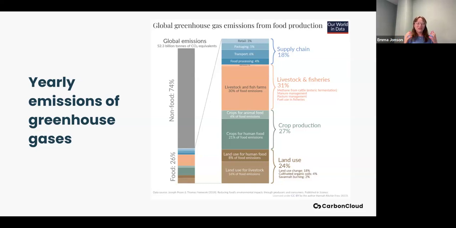And granted, for specific food products these components are important, where they constitute a big share of the product footprint, packaging, for instance, or transport or food processing. But on the general level, on the global scale, those parts are not the biggest part of the climate impacts from the food sector.